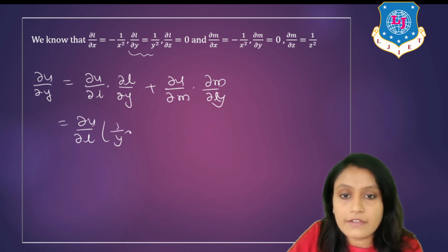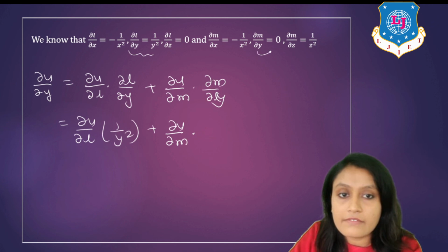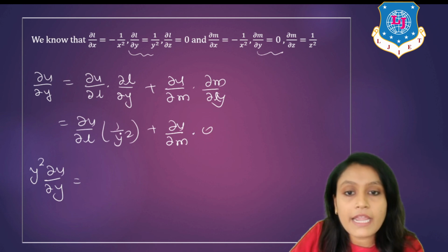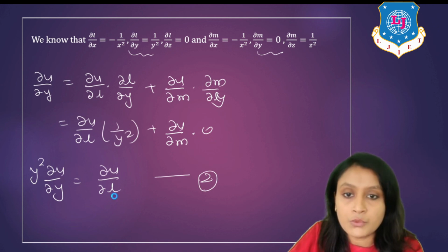So here you will get 1/y² plus ∂u/∂M into ∂M/∂y, it is 0, so put it 0 over here. Now here we have to multiply it with y², so you will get y² ∂u/∂y. Multiply by y², so y² will get cancelled and you will get ∂u/∂L. Give it number 2.